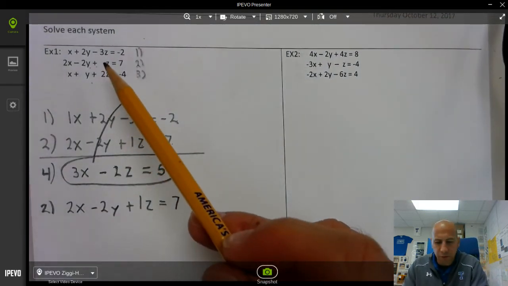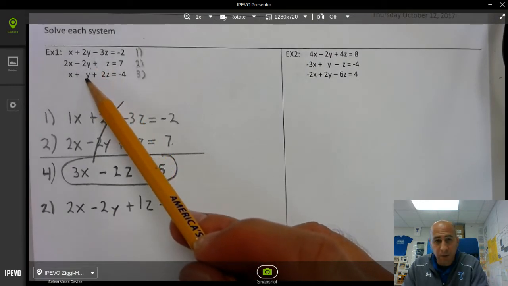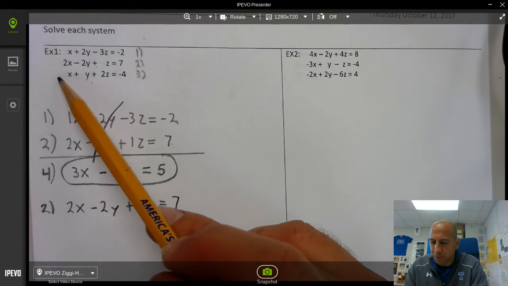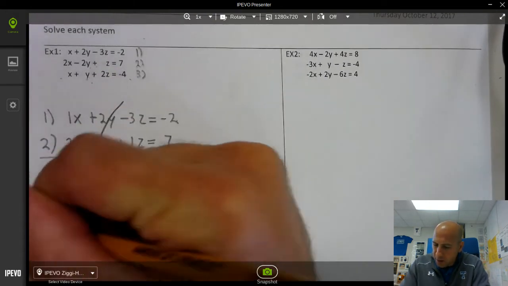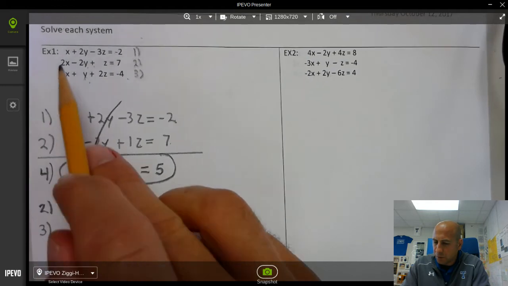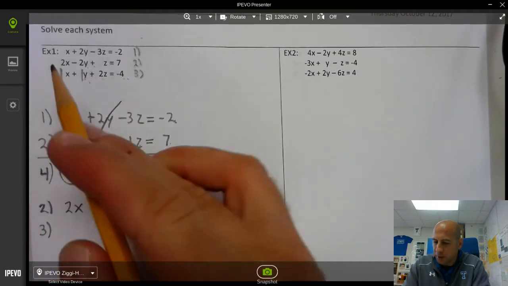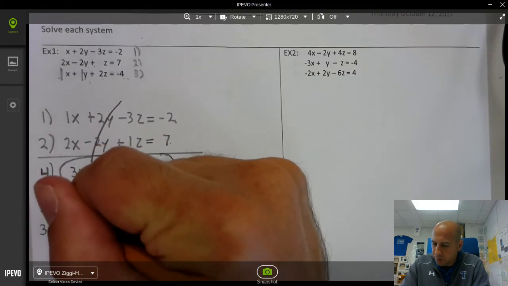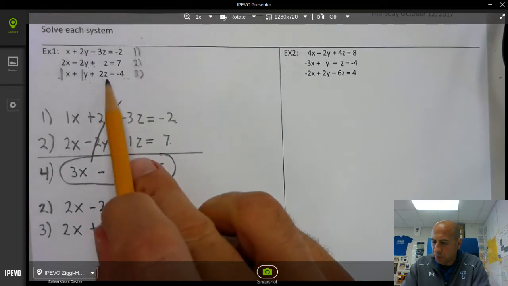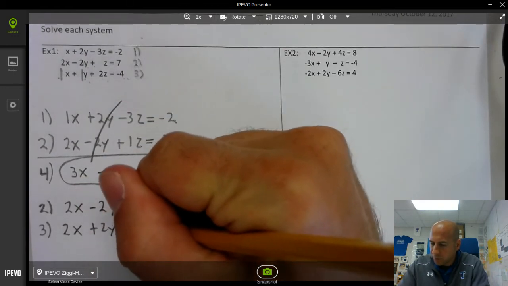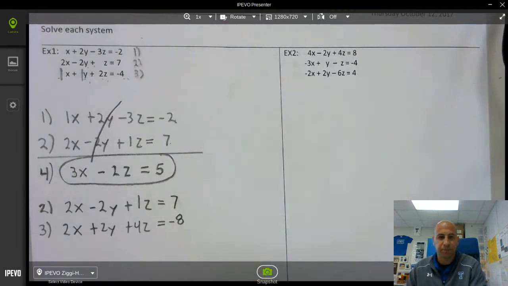Remember, we're having to eliminate the same variable from both, and we're going to use y. But I know if I multiply this by 2, then these will cancel, but I have to multiply everything by 2. So the new 3 is multiply 1 by 2, 1 by 2, 2 by 2, and negative 4 by 2. So I get 1 by 2 is 2x, 1y is 2y, 2 times 2z is 4z, and 2 times negative 4 is a negative 8.